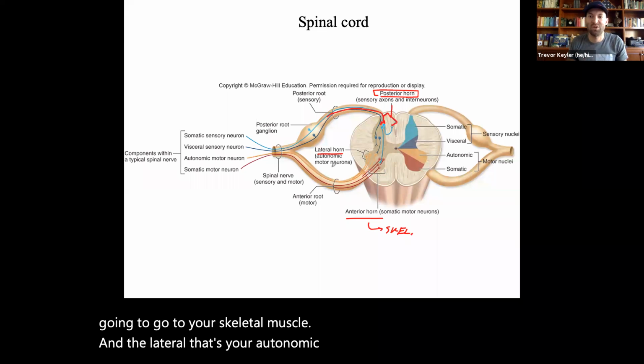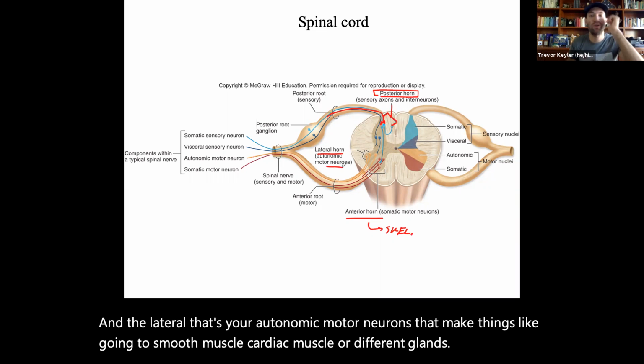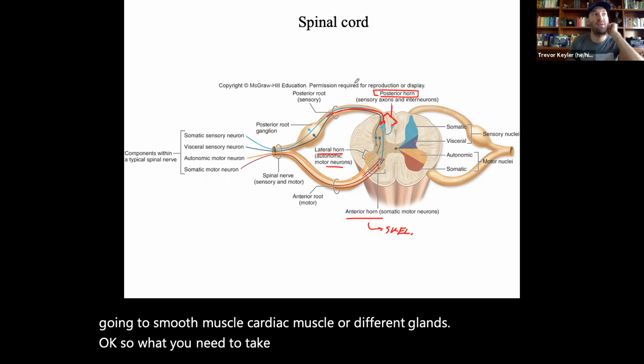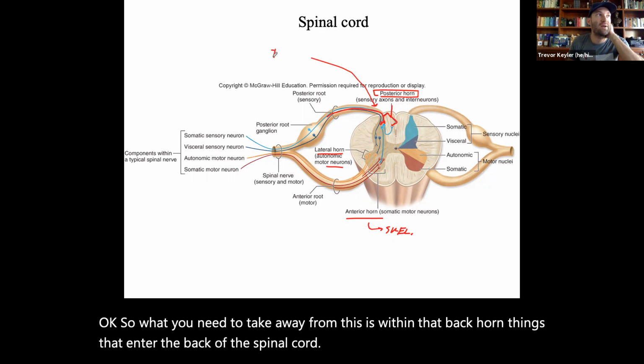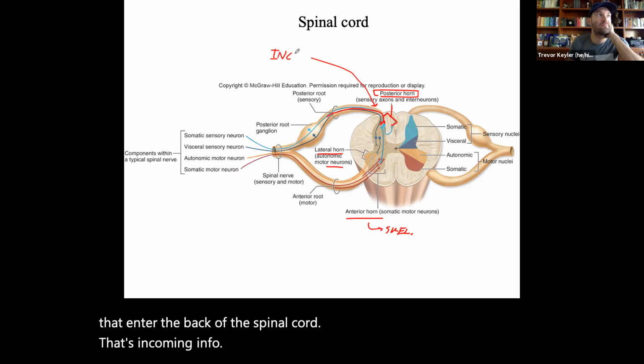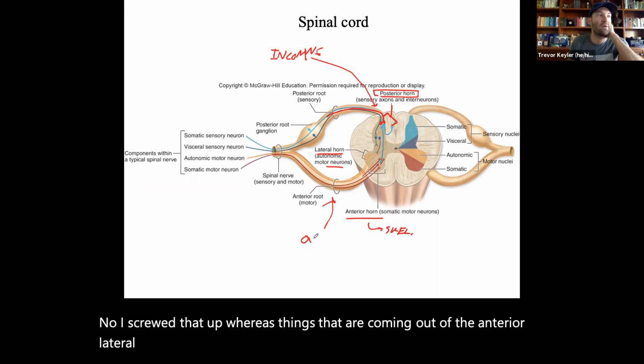There's going to be things like going to smooth muscle, cardiac muscle, or different glands. So what you need to take away from this is within that back horn, things that enter the back of the spinal cord, that's incoming info. Whereas things that are coming out of the anterior and lateral horns, that's outgoing information.